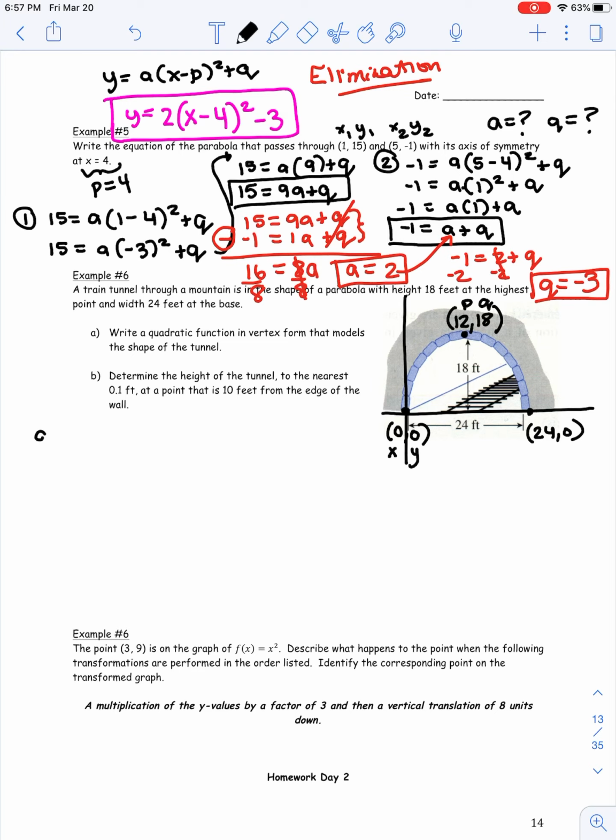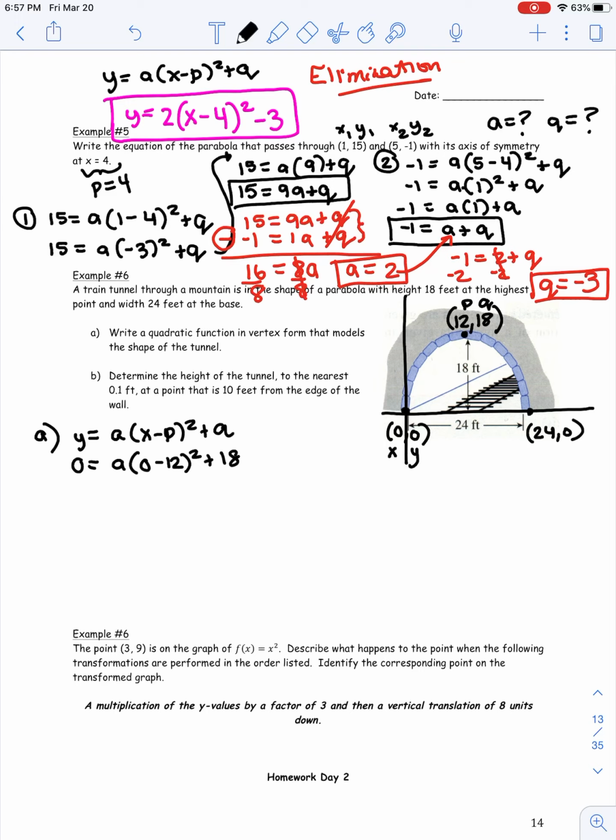So that will help us solve for our a, because the first question says, what is the quadratic function in vertex form? So we need to write that by going y equals our a value, which we don't know. So we're going to write 0 for x because those are easy to substitute. 0 minus p, which is 12, squared, plus q, which is plus 18.